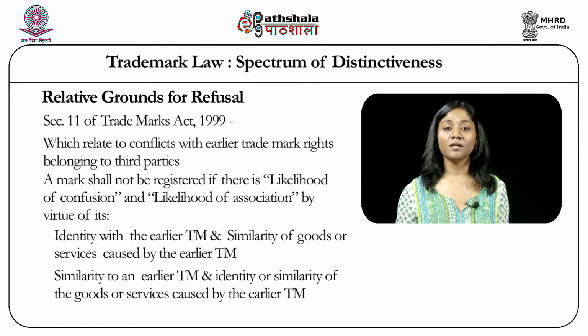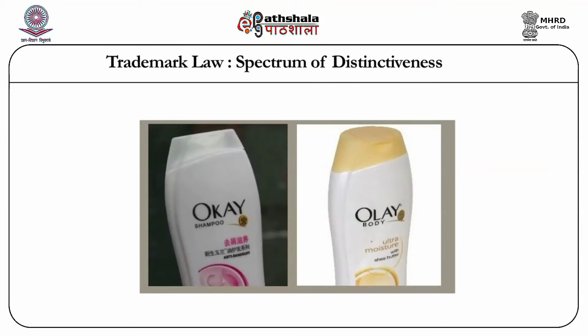For example, an Olay body lotion and an OK hair shampoo. Essentially, they both are beauty products used by ladies, and if they are deceptively similar to each other, they can confuse the consumer of imperfect recollection or ability to judge the difference between the two goods because of them being identical or similar in many ways.